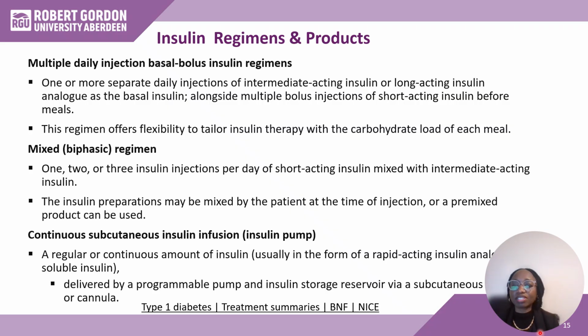This uses rapid-acting insulin delivered continuously through a programmable device, allowing fine-tuned adjustments throughout the day. So this really is another advancement in the management of type 1 diabetes. I've put here a link to the NICE guidelines that cover this part of the treatment of type 1 diabetes.